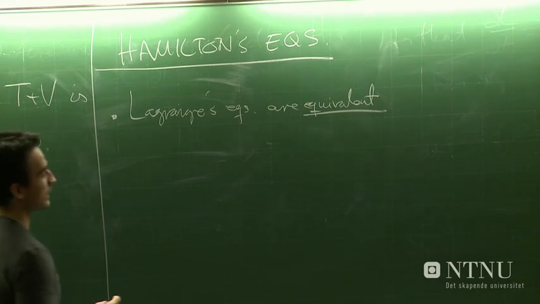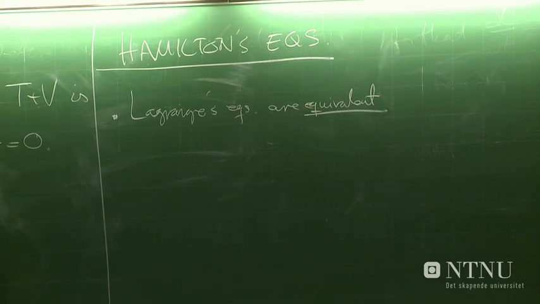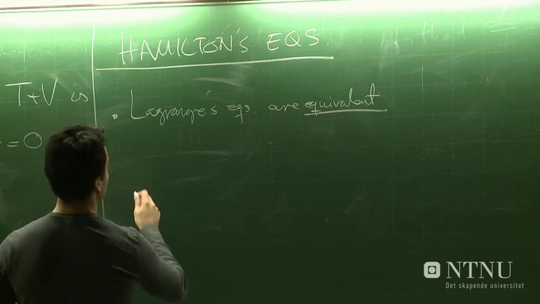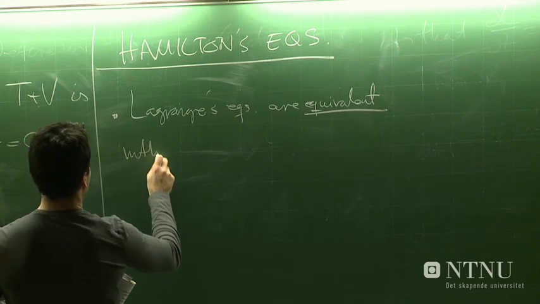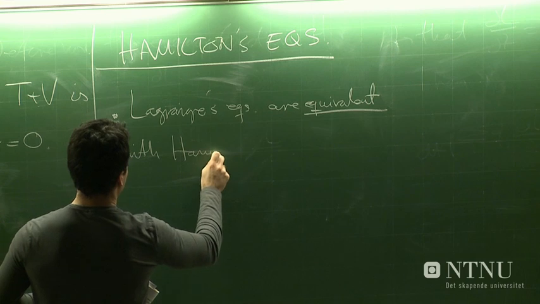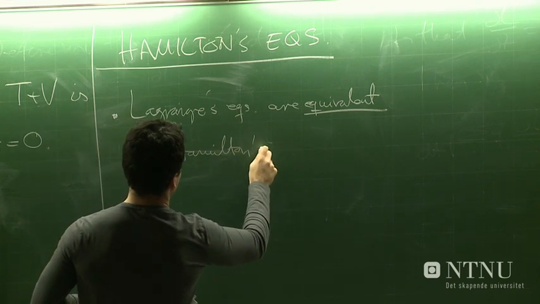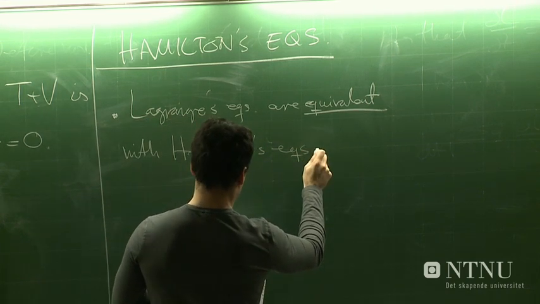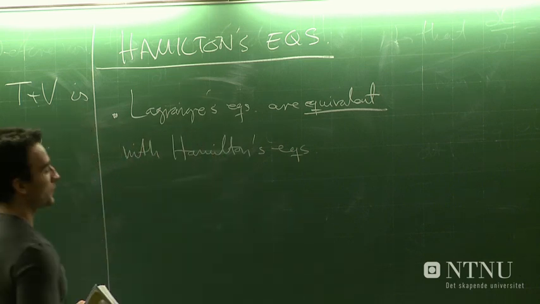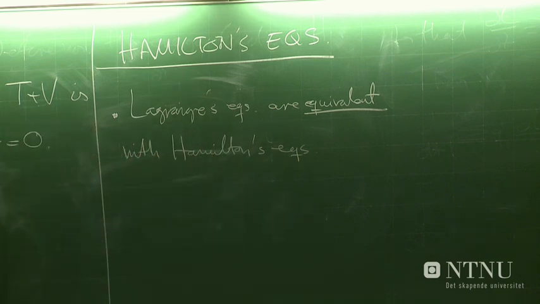The first point is that Lagrange's equations are equivalent with Hamilton's equations. So the physics remains unchanged. What changes is just the method we use to analyze the system.